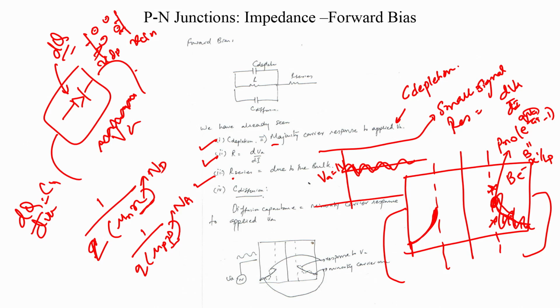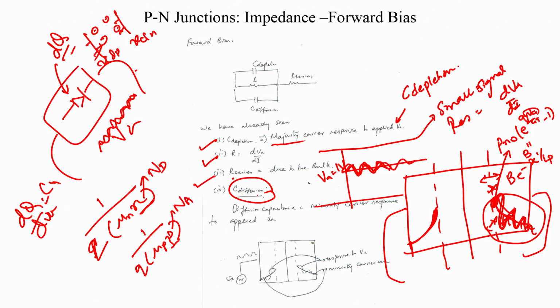As this applied voltage fluctuates, not only would the depletion width fluctuate, but also the injected minority carrier concentration, and this fluctuation in charge was never accounted for in the calculation of the depletion capacitance. That fluctuation in charge is accounted for in what we call a diffusion capacitance.